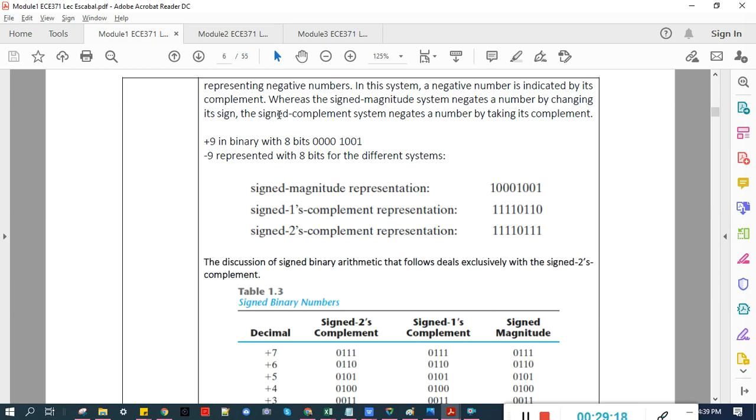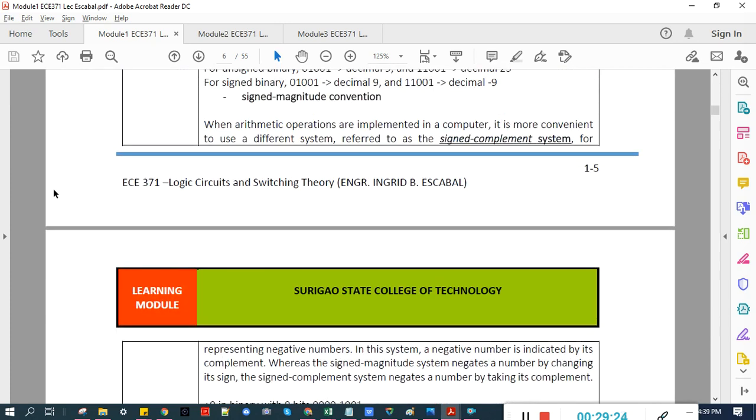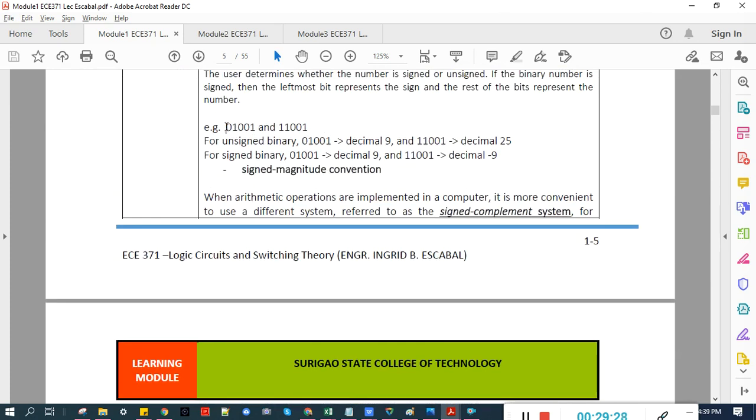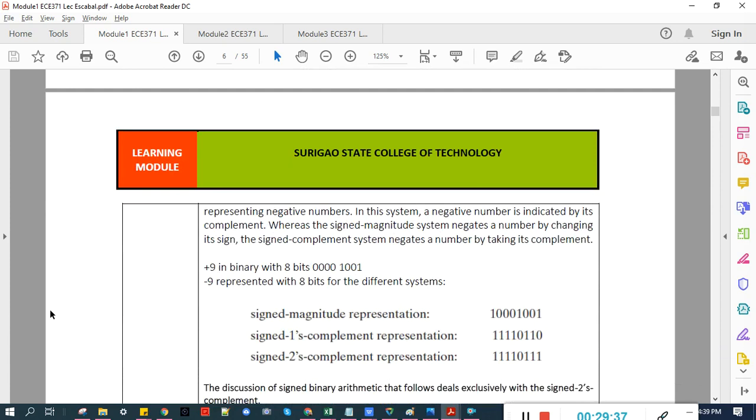The signed complement system negates a number by taking its complement. So instead of using 0 as positive and 1 as negative to indicate the sign, complements are used.